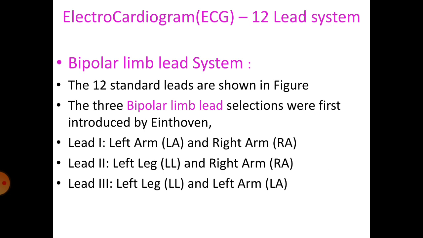The 3 bipolar limb lead selections were first introduced by Einthoven. Lead 1: left arm and right arm, LA and RA. Lead 2: left leg and right arm, that is LL, RA. Lead 3: left leg, that is LL, and left arm, LA. So these are the 3 lead configurations.